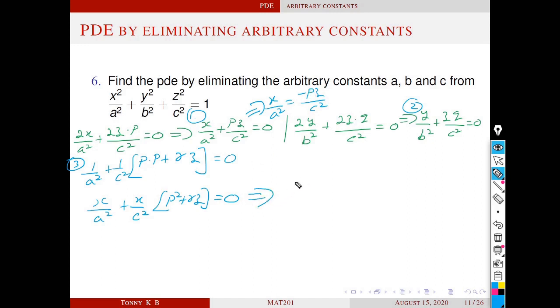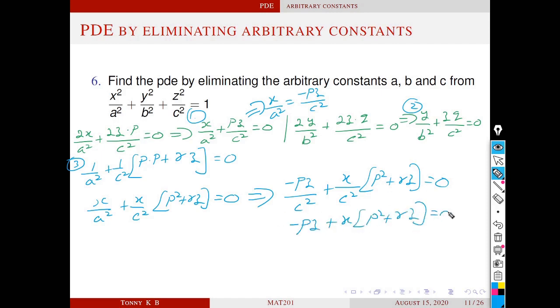So this equation becomes now c square is common, take it outside and cross multiply, then we get yes. So this is the PDE corresponding to this family.